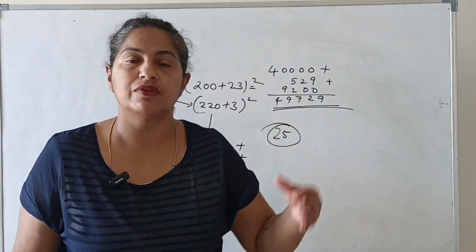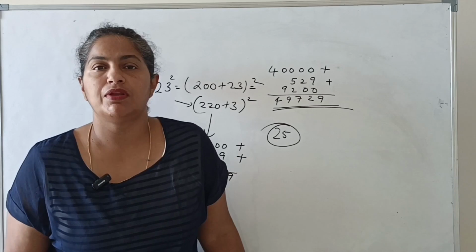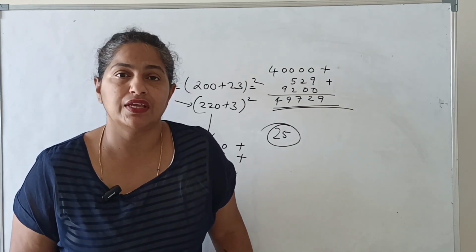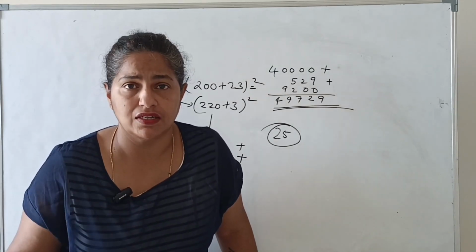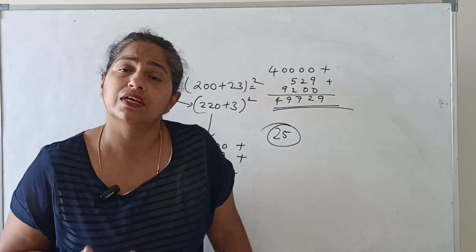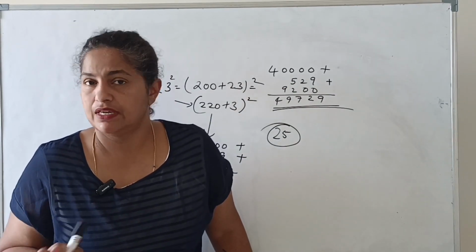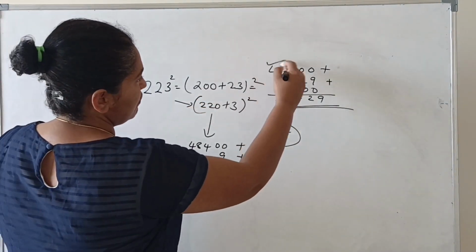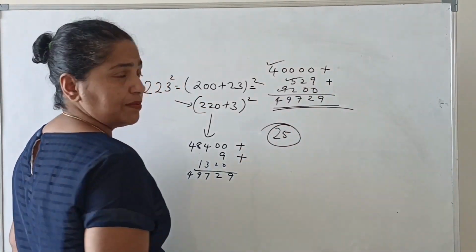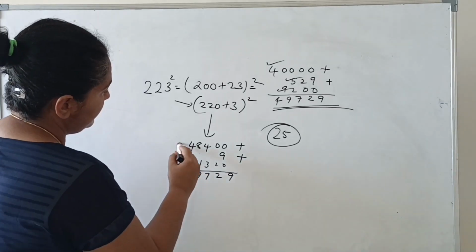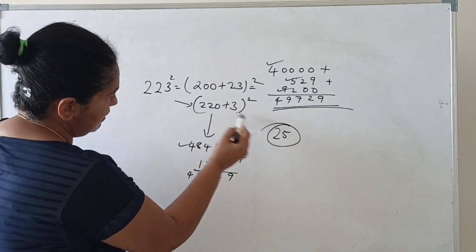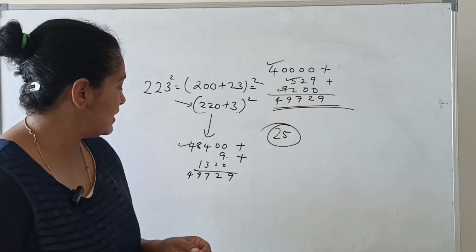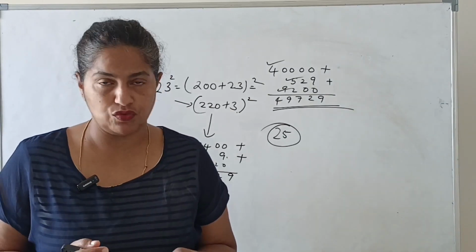It is mandatory because you cannot be wasting your time trying to find out the square of 17 or 18 when we can easily write it down as 18 square is 324 or 23 square is 529, whatever. So 200 plus 23 will give me a square plus b square plus 2ab. You can see that we are getting the value as 49729.